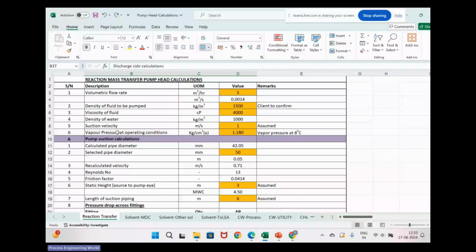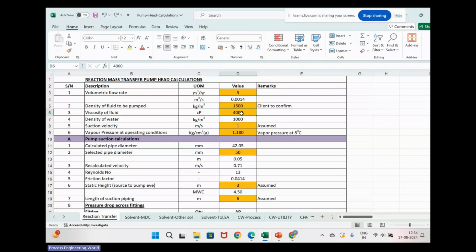For laminar flow the friction factor formula will be different, and for turbulent flow it will be different. Once you have calculated the friction factor, only then will you be able to calculate the pressure drop with the help of the Darcy-Weisbach equation. That's why you need the viscosity of the fluids which you are transferring.